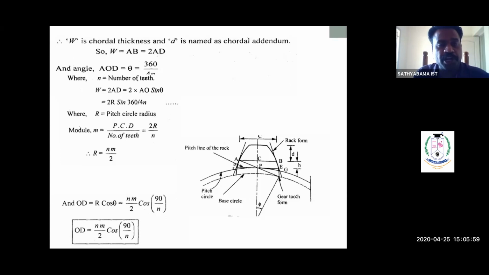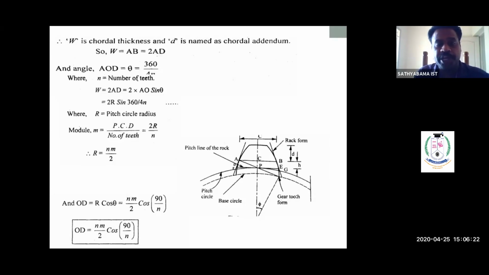Module is nothing but pitch circle diameter by number of teeth. Diameter is 2 times the radius, so PCD is 2R, number of teeth is n. From m equal to 2R by n, we can write R, the pitch circle radius, equal to nm by 2. This R value we are going to substitute in the previous line to get W.